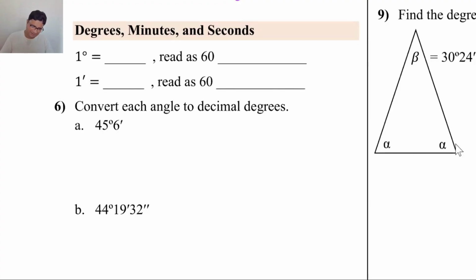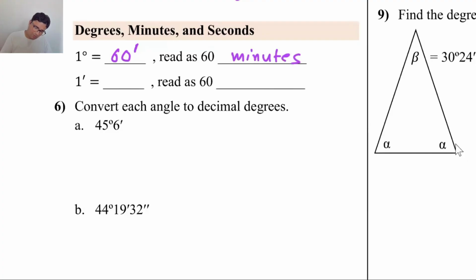1 degree is 60 minutes, just like 1 hour is 60 minutes in time. 1 degree is 60 minutes, and we call it minutes. That is also the measurement of angle, and that's the notation: 60 prime, read as 60 minutes.